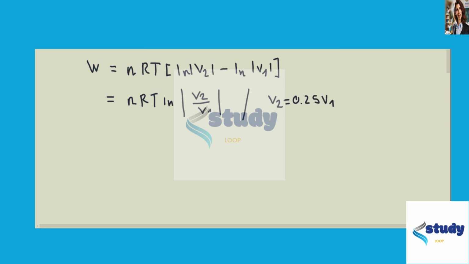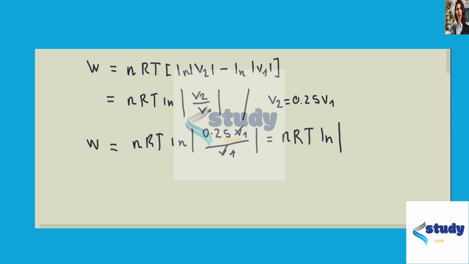Therefore, the work done is equal to nRT times the natural logarithm of 0.25 V1 over V1. So these initial volumes will cancel out, and we have that it equals nRT times the natural logarithm of 0.25.